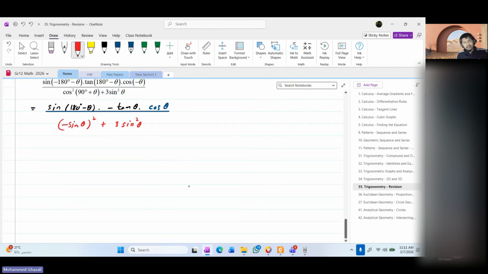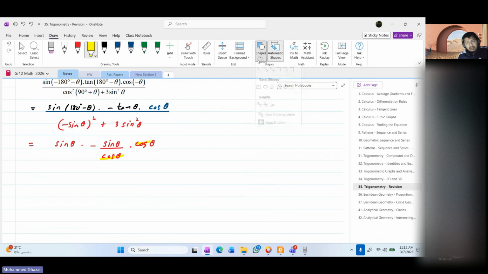You're almost there now. Now the next part is simplifying this. So sine of 180 minus theta, that's in the second quadrant, so sine is positive. Tan is sine over cos, and that's cos theta. You can see cos and cos cancelling out.